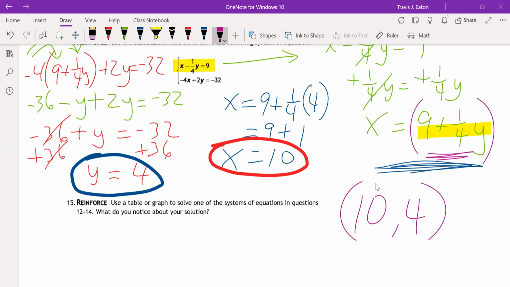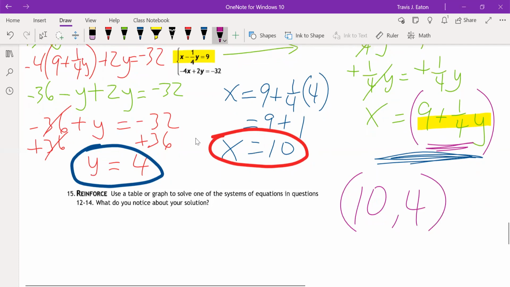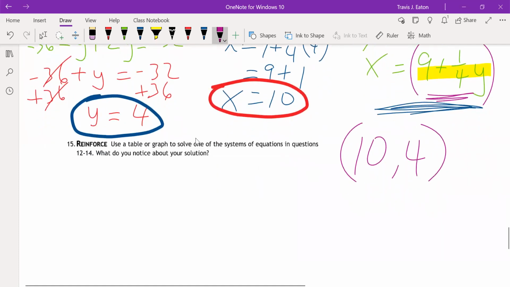And to make sure that that's true, I could go back in and substitute x and y into both of my equations to make sure that what I've got is the real solution to this. So remember, your solution to a system of equations will be an ordered pair in x, y order. Okay?